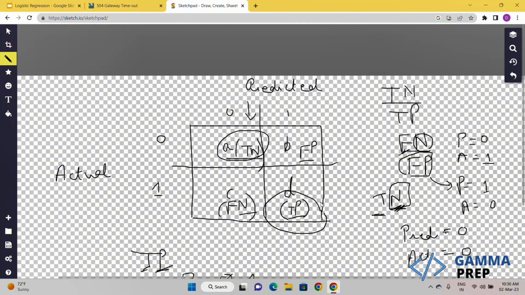So basically, we should try to maximize our true negatives and true positives, whereas false negatives and false positives are actually errors. False positive is basically called a type 1 error, and this is called type 2 error. Okay, so now we know what are true negatives, false negatives, and true positives.